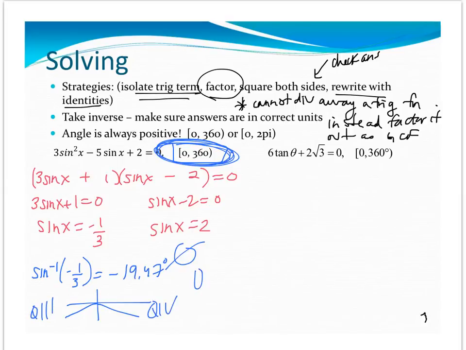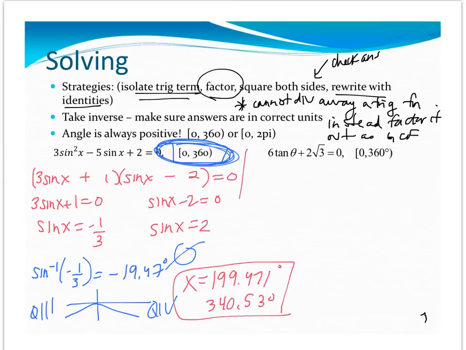So that means that my answers for x are going to be 180 plus this 19 decimal and 360 minus this 19 decimal, giving me 199.471 degrees and 340.53 degrees.